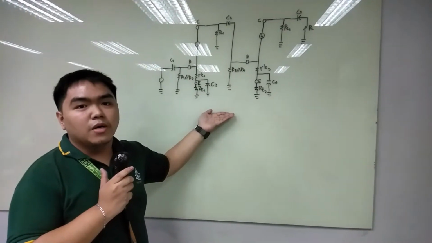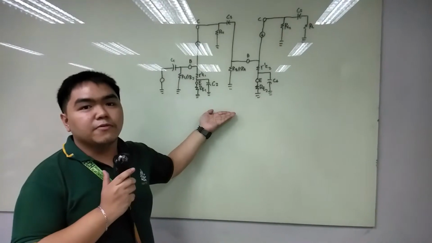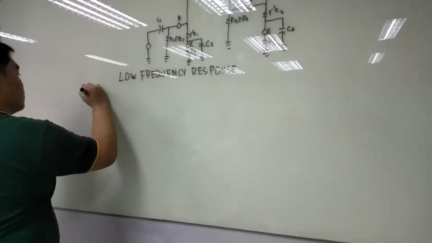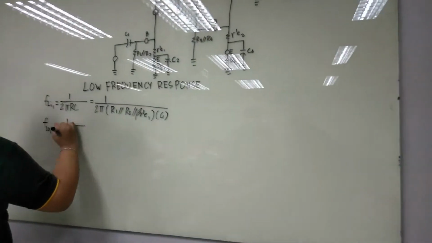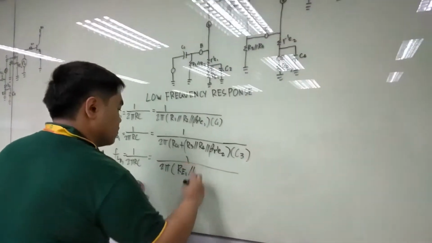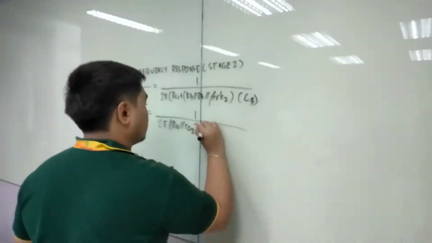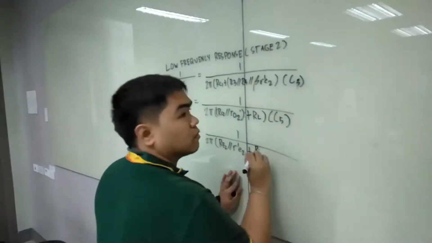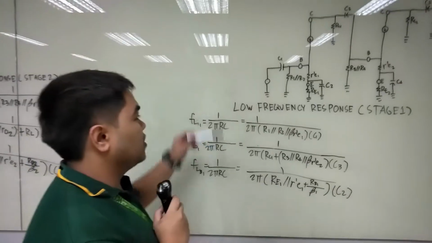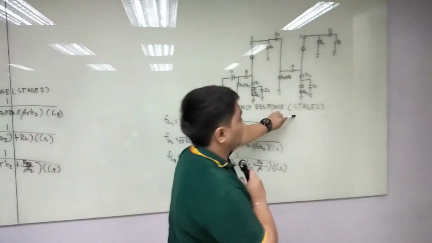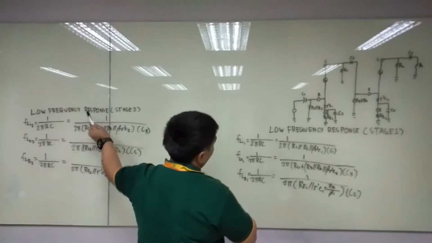Now, I will show you how to solve the low frequency response of this circuit. These are the equations for the low frequency response of stage 1 and stage 2.